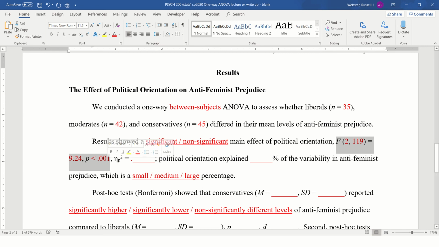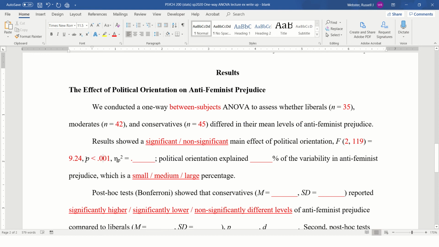So now we can decide whether results showed a significant or non-significant main effect of political orientation. We have to look at our p-value here, and whenever we get the triple zeros, whenever p is less than 0.001, we always have a significant p-value. Our threshold: p-values are significant if they're less than or equal to 0.05.